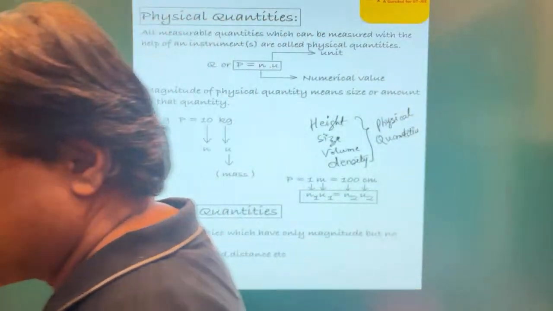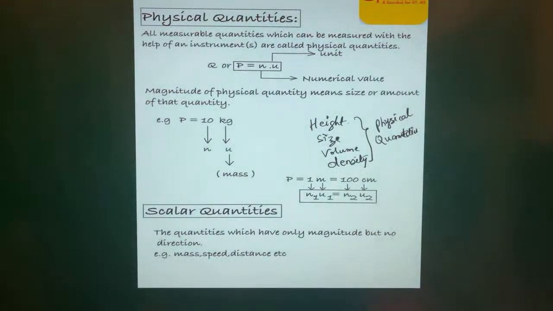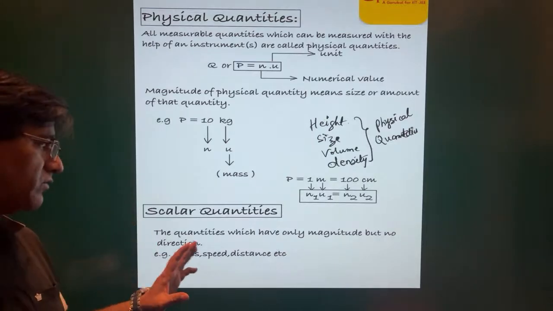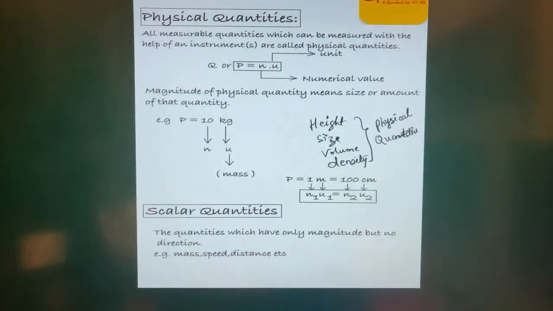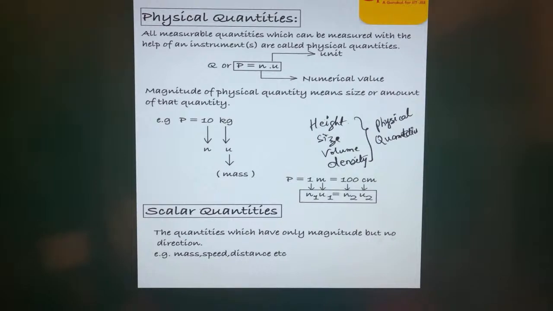Scalar quantities are those quantities which have only magnitude and no direction. The physical quantities which have only magnitude but no direction are called scalar quantities.